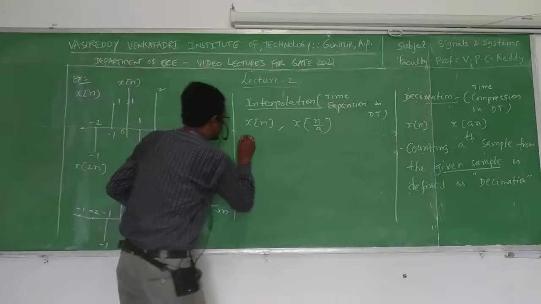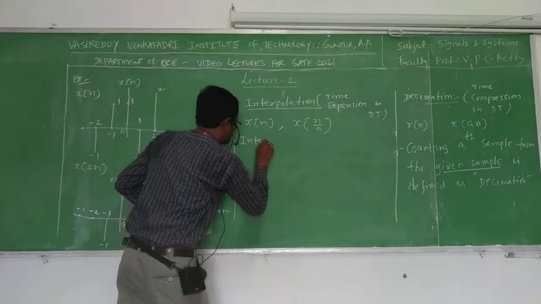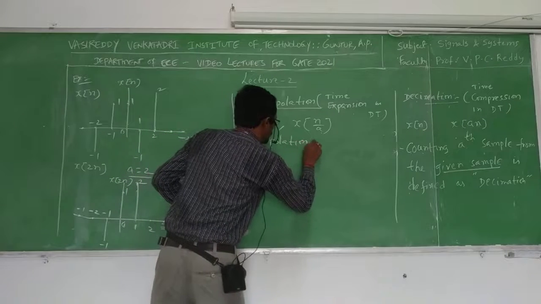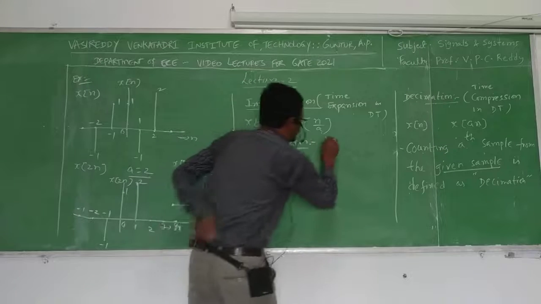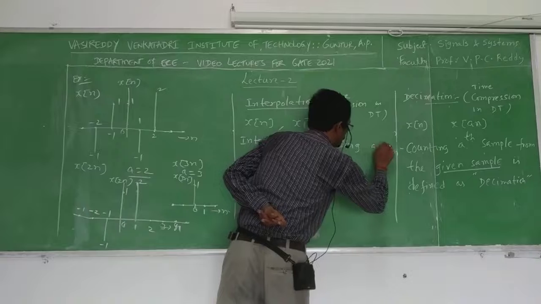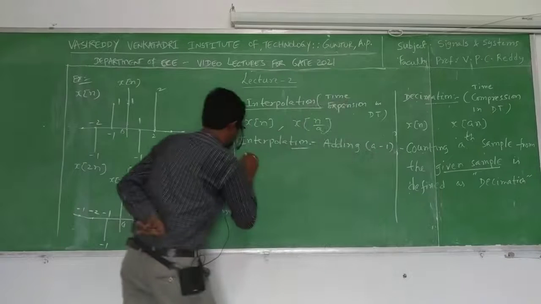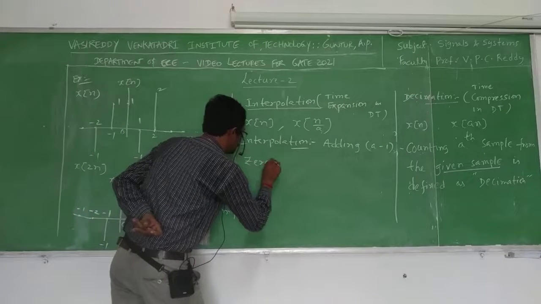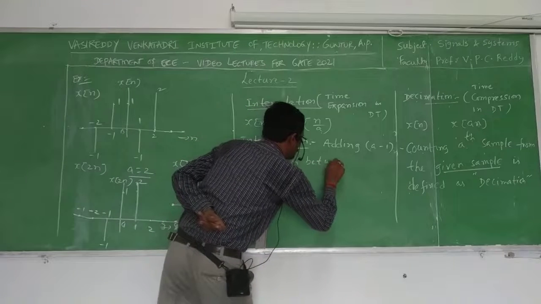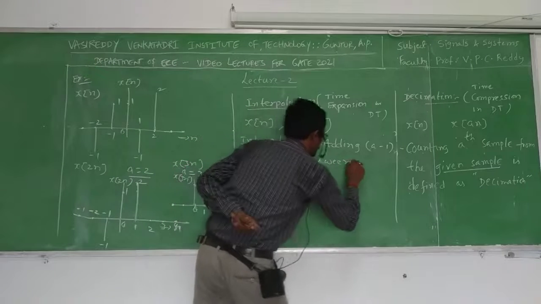Now we define what interpolation is. Interpolation is defined as adding a minus 1 zeros in between any two samples.